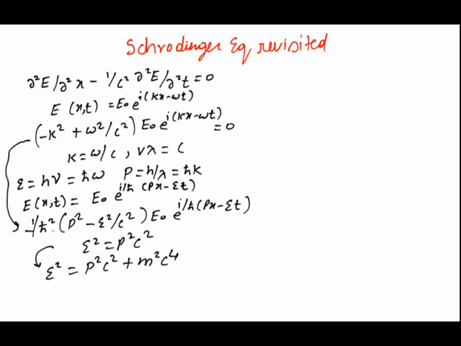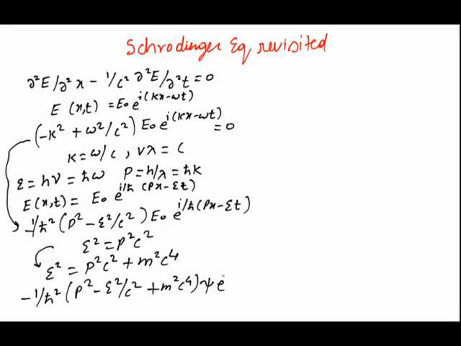When incorporated in quantum mechanics, we can write this equation as (p squared minus E square over c square plus m square c to the power 4) psi.